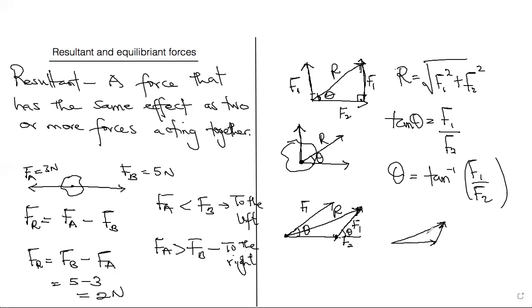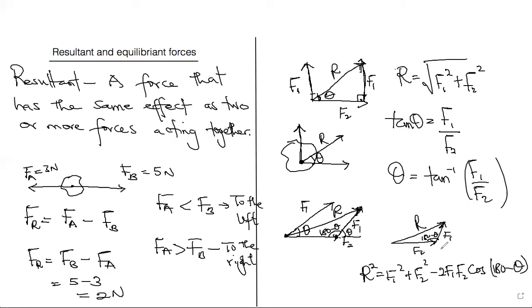Then I can determine this angle here. This angle will be 180 minus theta, right? So if this is a horizontal force, I can then use cosine rule to obtain the resultant. This is F1, this is F2, and this is R. Because I'm looking for the side that is facing the included angle. So if I apply cosine rule, R squared will be F1 squared plus F2 squared minus 2 F1 F2 cos 180 minus theta.